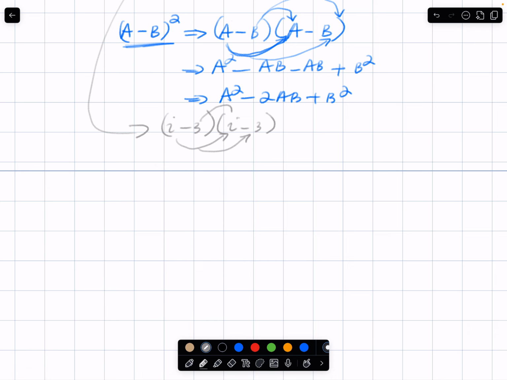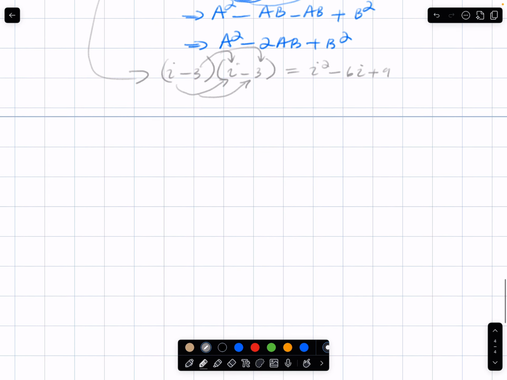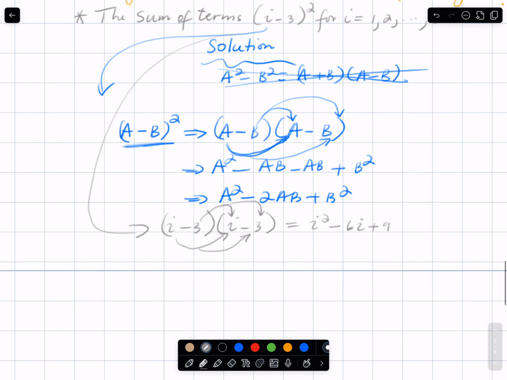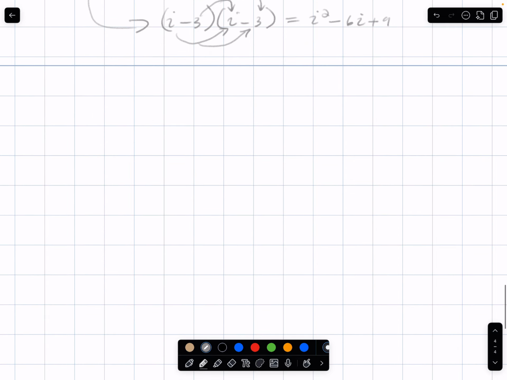And then this will be multiplied with that, and that will give us i squared minus 6i plus 9, right? Since we are using the summation notation, if you are using i as an index and you are going from 1 to 200, this is how you'll be writing this.